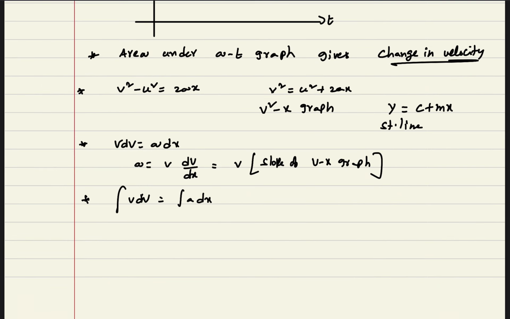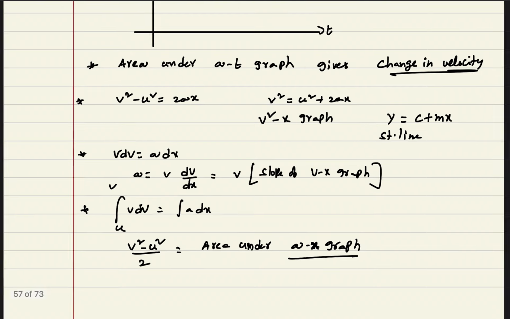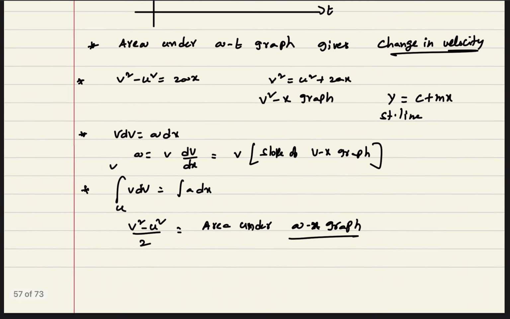Similarly, integral v dv is equal to integral a dx. Suppose initial velocity u and final velocity v, then (v square minus u square) by 2 is equal to the area under the ax graph. Like this, different graphs are there, and as per the given relation you can calculate. I have given the major diagrams.